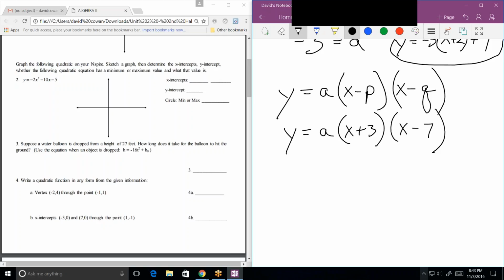And again, it goes through a different point, but similar looking. So again, I need to solve for a. So what's the next line? Wouldn't you have to plug in your number, so it'd be 1, -1. -1 equals, that's the y coordinate, equals a times 1 plus 3, and then that's times 1 minus 7.